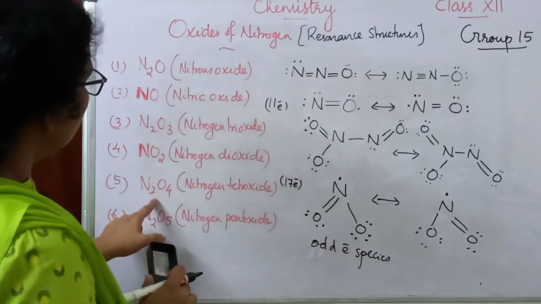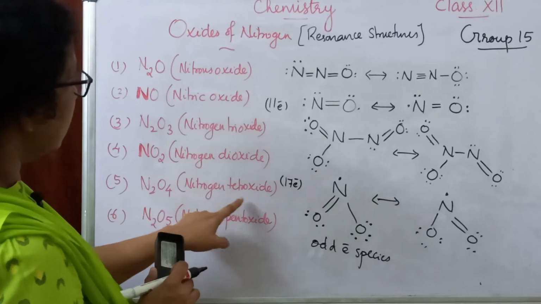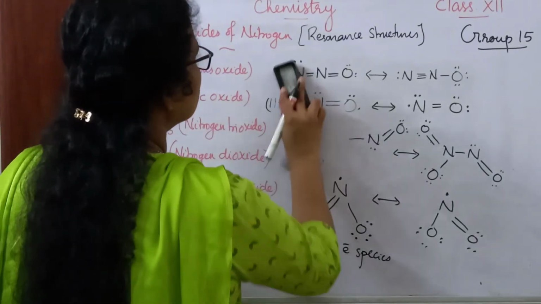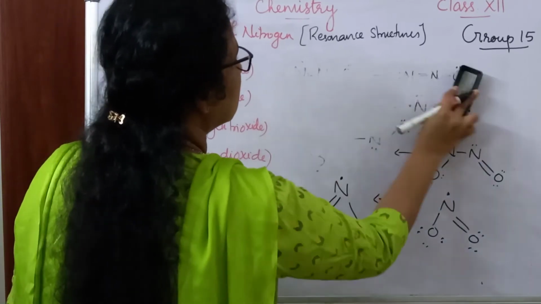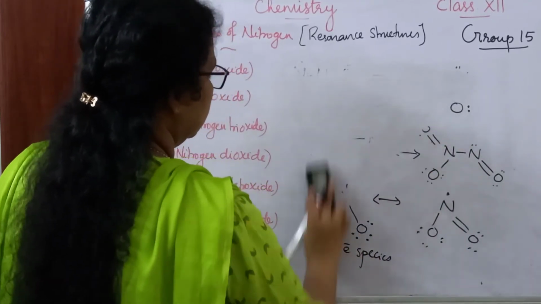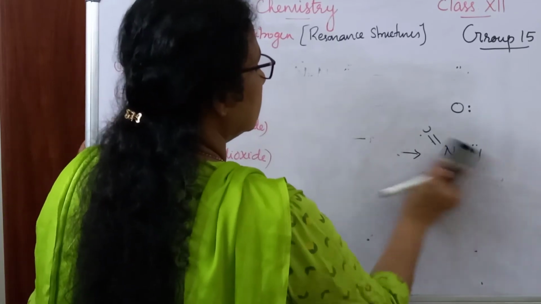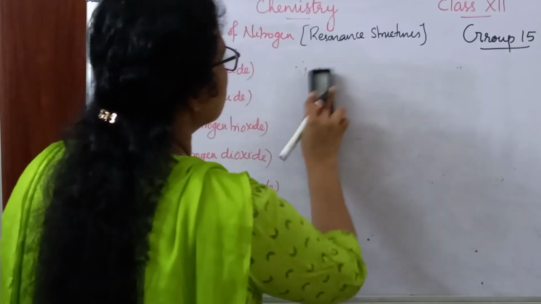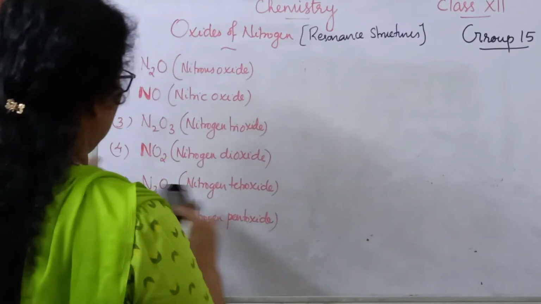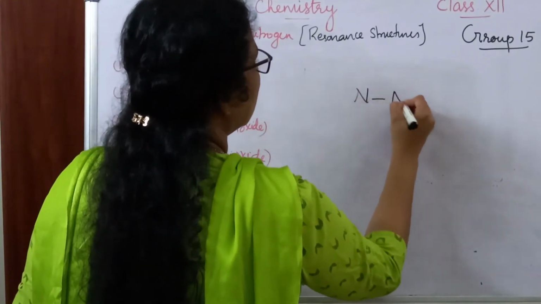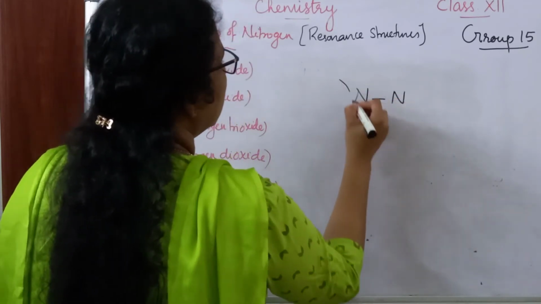Now let us draw N2O4, dinitrogen tetroxide or nitrogen tetroxide. N2O4 will be like this.